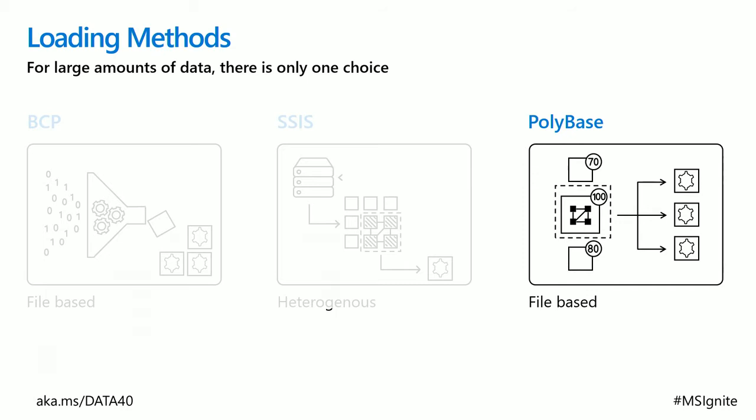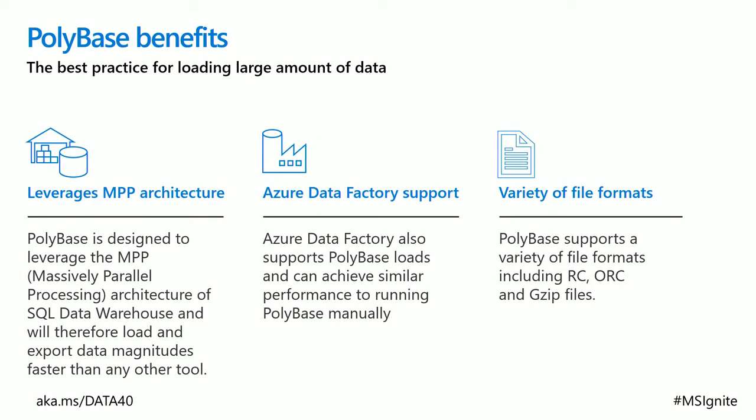The reason we should be using PolyBase is for this. It leverages that massively parallel processing architecture. Remember, we talked about the data warehouse being broken down into two layers. The control layer, which is the brains, and the compute layer that provides the brawn.